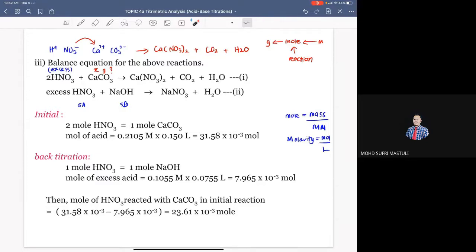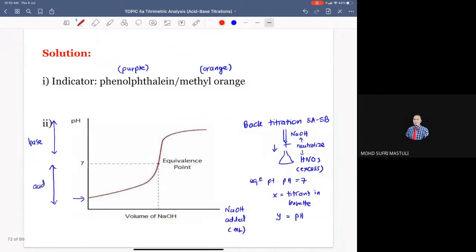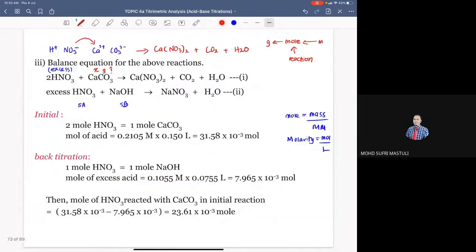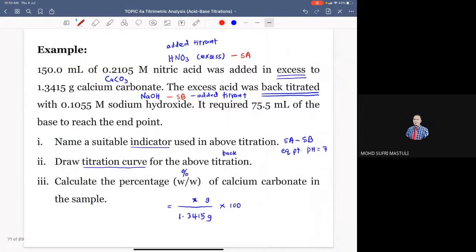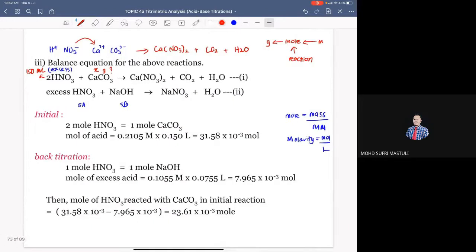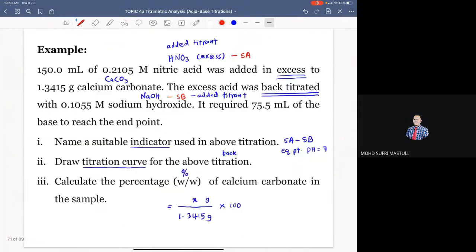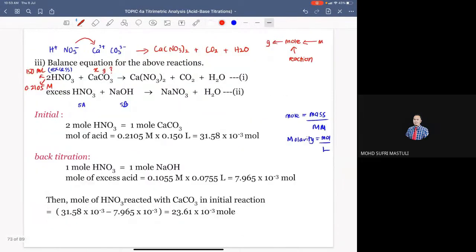We know this excess amount of nitric acid is 150 ml, so you can write it here, 150 ml, with 0.1205 molar.